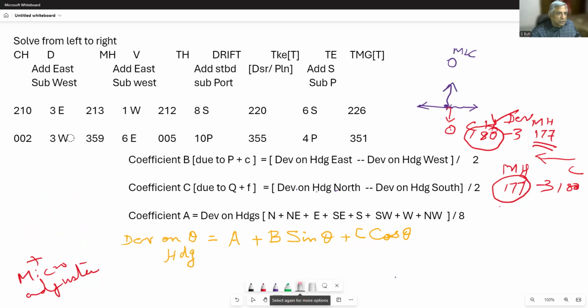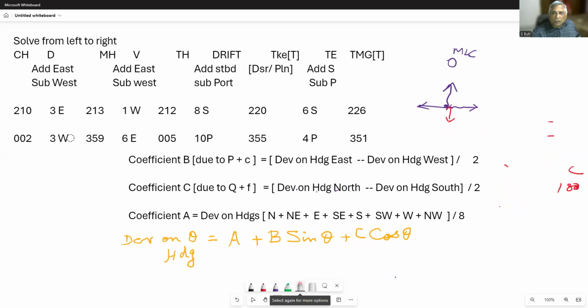Now let's go a little further. Let's say we had similarly noted the deviation on heading east as, okay, -4, let's say, and deviation on heading west is +2.